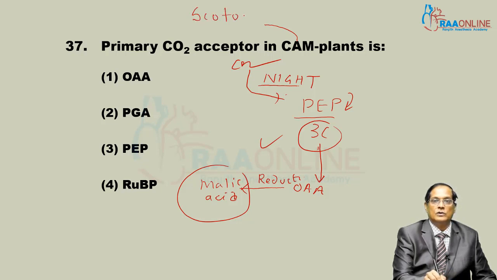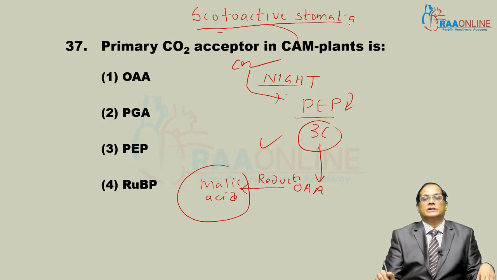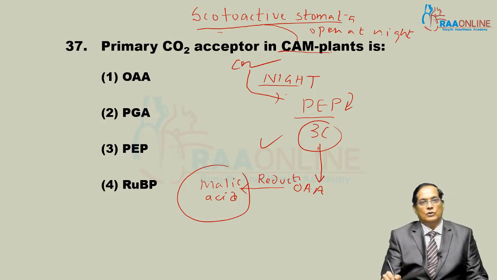Scotoactive stomata are found in these plants, that is, they open at night. When they open, only then does CO2 reduction take place. This is the feature of CAM plants.